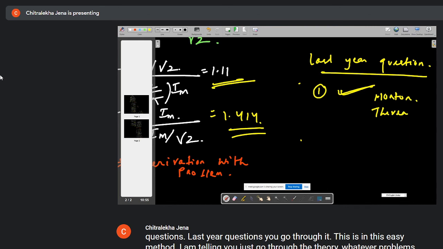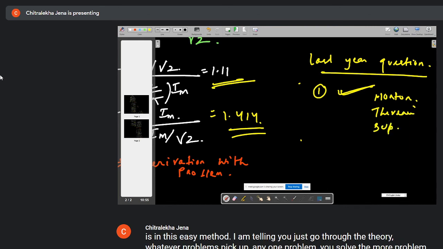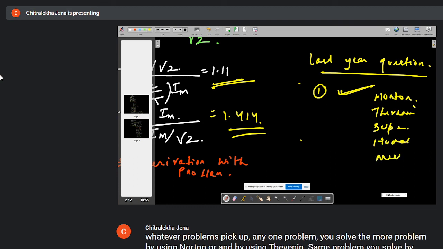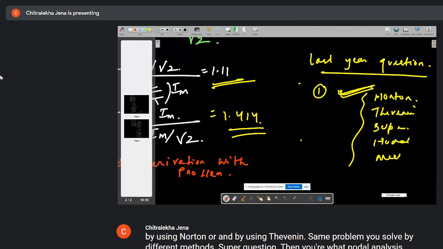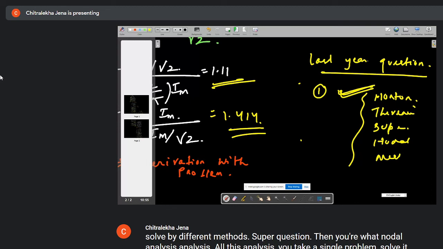Solve the same problem by different methods: superposition, nodal analysis, mesh analysis. Take a single problem and solve it. Do the last year questions, and 99% of the fundamentals will be clear.